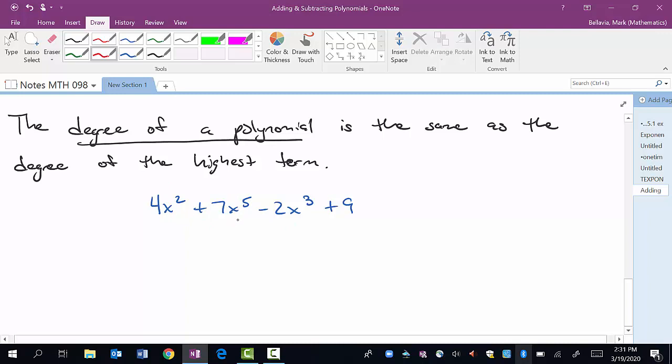The degree of the second term would be 5. The degree of the third term is 3, and the degree of the fourth term really is 0 because you don't see a variable there with a power, so the power is 0. But if I wanted the highest degree I see out of all of these, that would be the degree of 5. And that's the degree of the polynomial then. Right? So I'm really just looking at the degree of each of these individually, and I want the highest one I have.